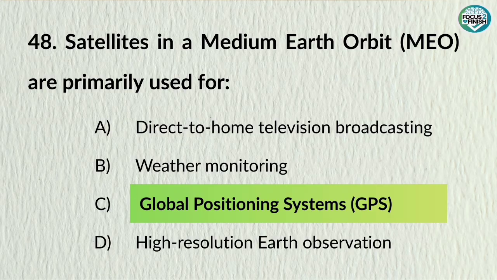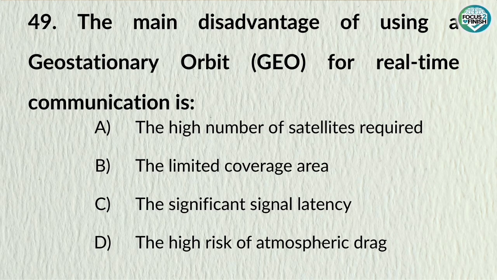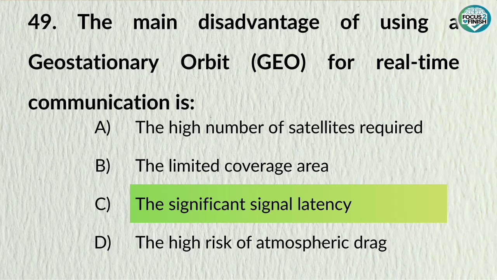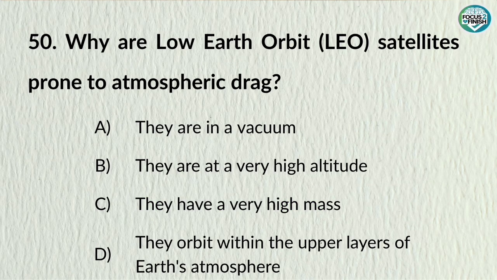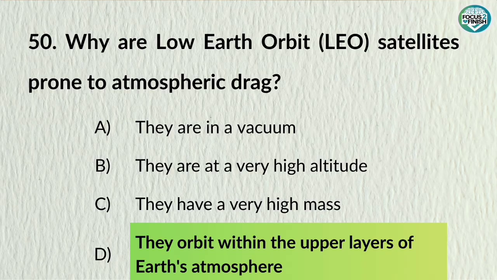Answer: global positioning systems, GPS. 49. The main disadvantage of using a geostationary orbit, GEO, for real-time communication is? Answer: the significant signal latency. 50. Why are low Earth orbit, LEO, satellites prone to atmospheric drag? Answer: they orbit within the upper layers of Earth's atmosphere.